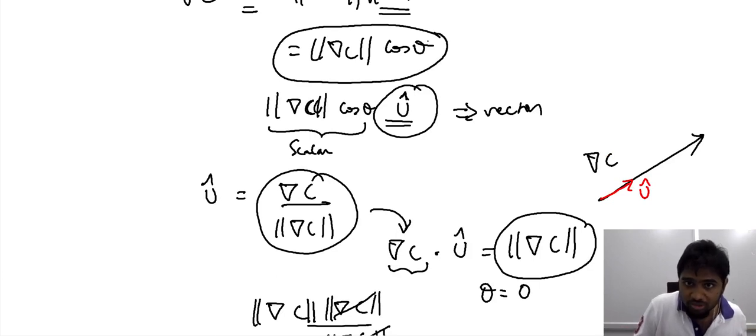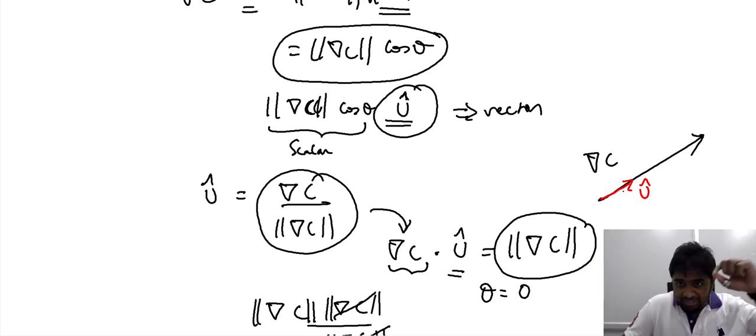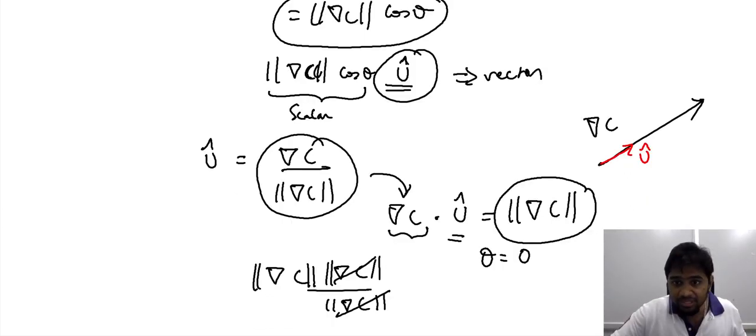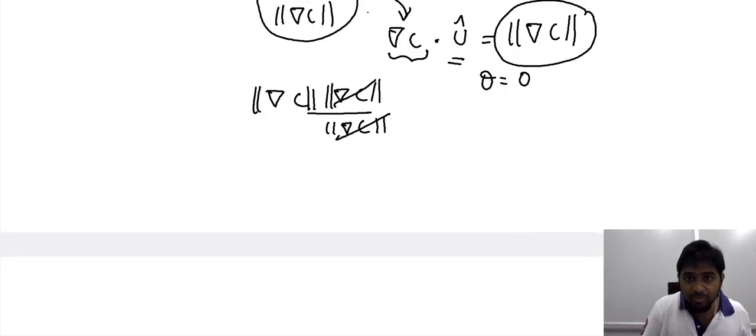So there are two possibilities. The u cap, the unit vector that gives direction to my gradient, can align itself along the direction of the gradient, or it can align itself away from the direction of the gradient. So there are two possibilities when you take this dot product.